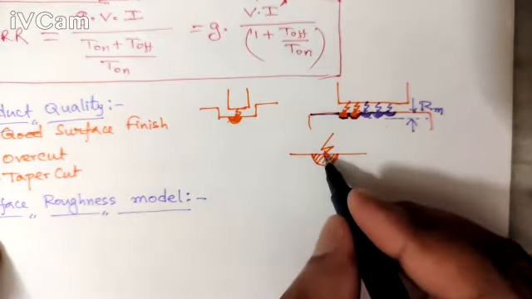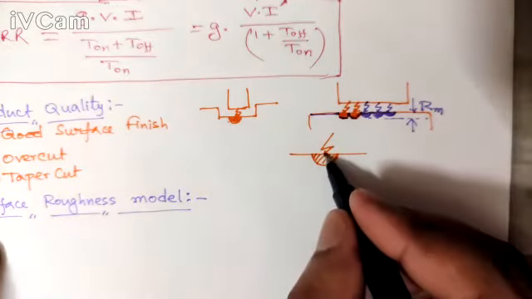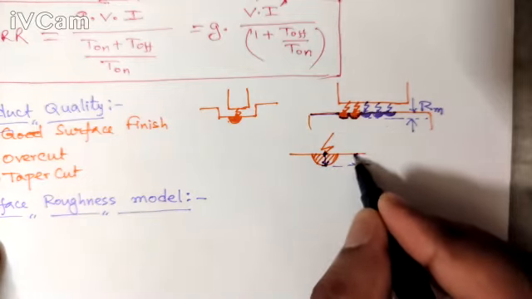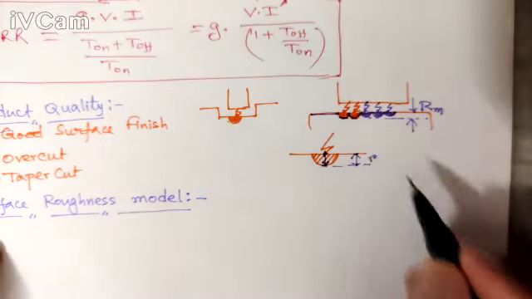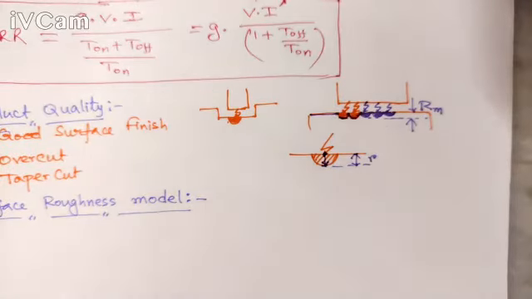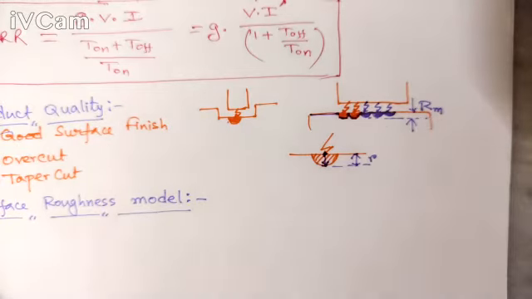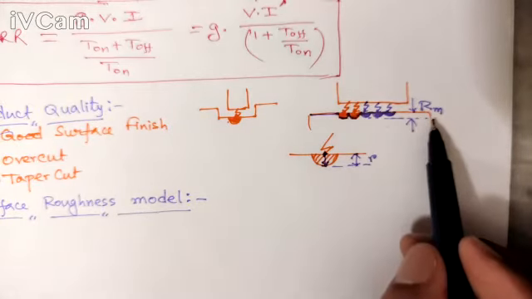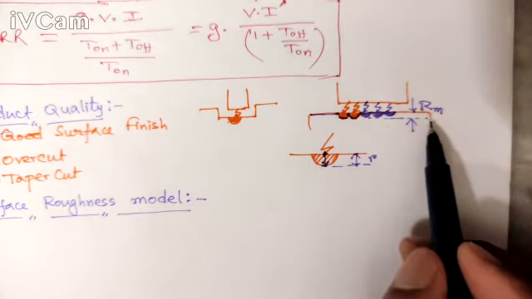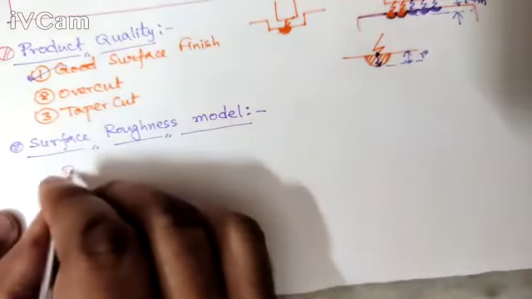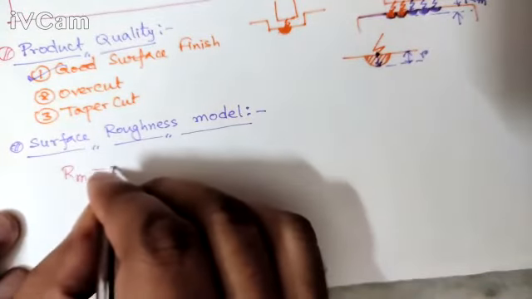So here to here will be nothing but the radius of the crater, and in this diagram, what I said is that Rm is the mean roughness, not radius, mean roughness. Because of that, this Rm will be equal to R.